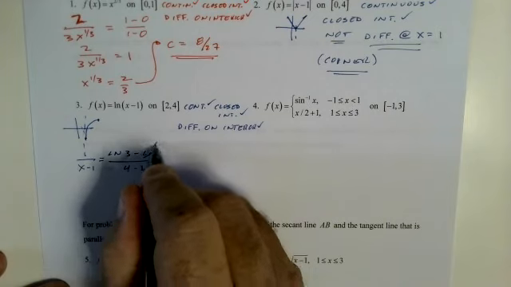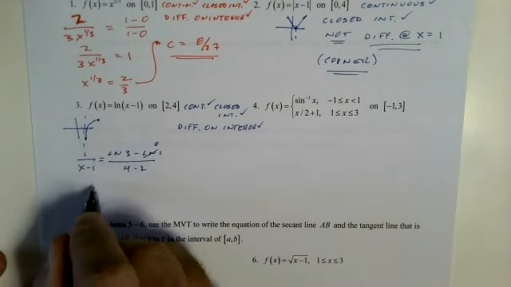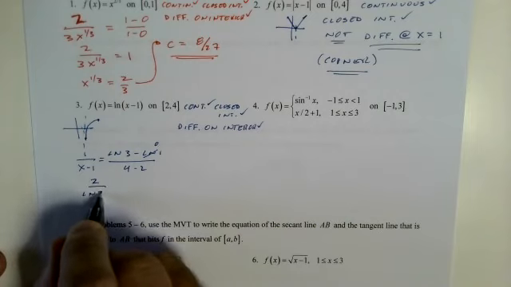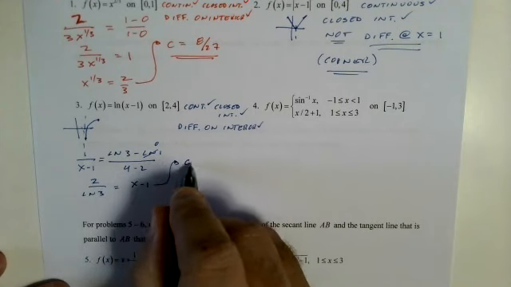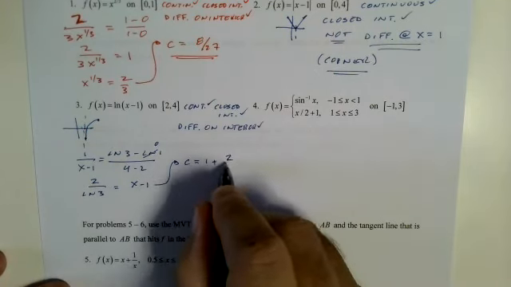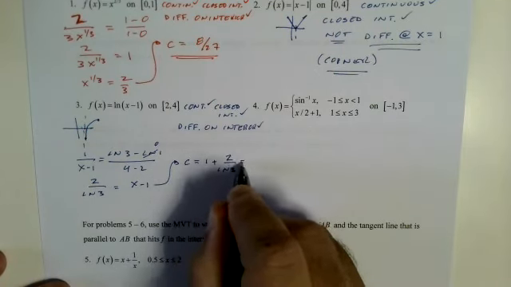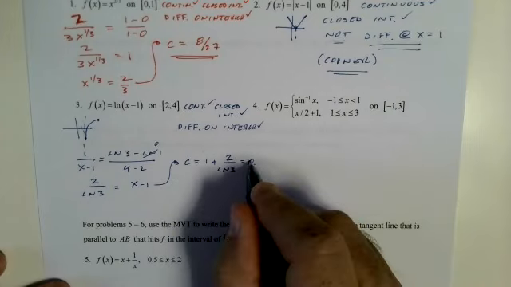Ln of 1 is 0, so we're going to do a flippy floppy thing where we get 2 over ln of 3 equals x minus 1. So it will be when c equals 1 plus 2 over ln of 3, also known as 2.820.